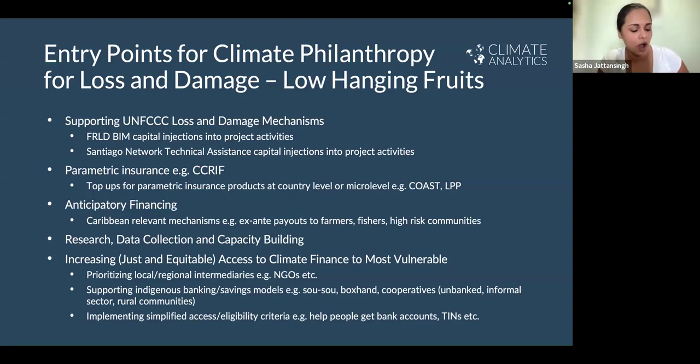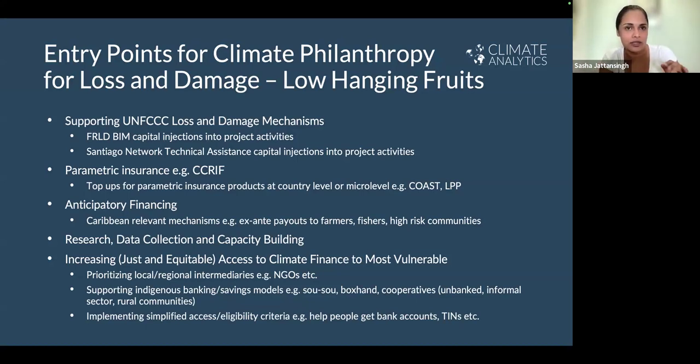And it'll be useful to see what sorts of injections of philanthropic capital could go into existing project activities to really augment the impact on the ground, whether it is related to mangrove restoration or to direct cash transfers to vulnerable communities.